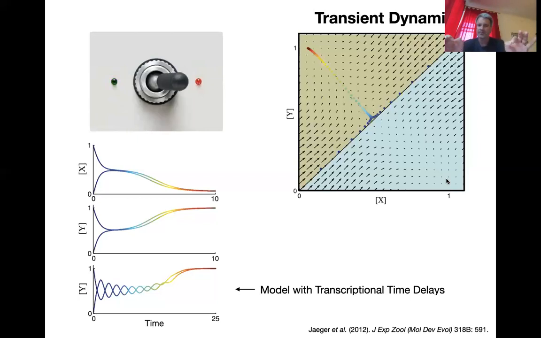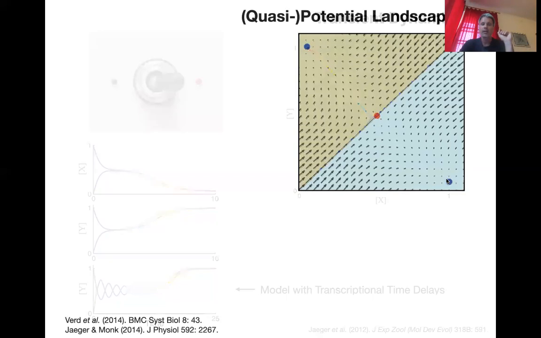This system that is supposed to behave as a well-behaved switch can oscillate transiently before it settles out to its steady state. Always expect the unexpected. Structure does not determine function. Repeat after me. Structure does not determine function, especially if you consider the transient behavior of the system. And in biology, you can never assume the system is at steady state.